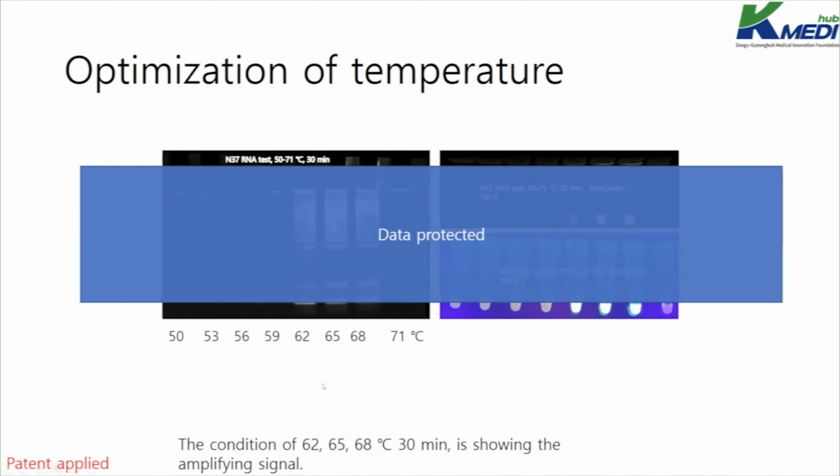As a result, it turned out that at least 62 degrees are required for amplification. The result from this electrophoresis matches well with the fluorescent result. So this temperature and this time are decided to be the condition of this LAMP.